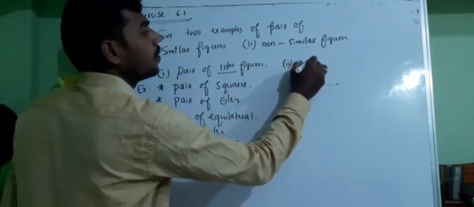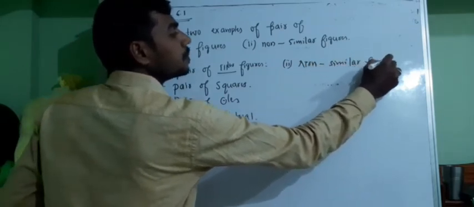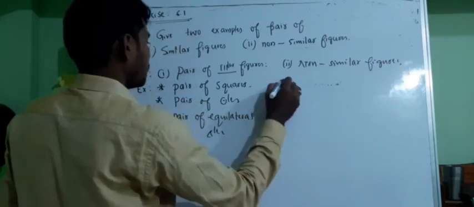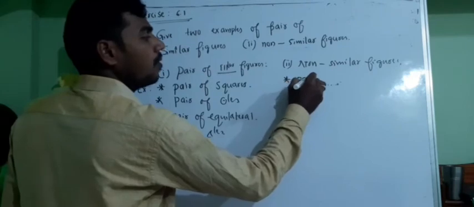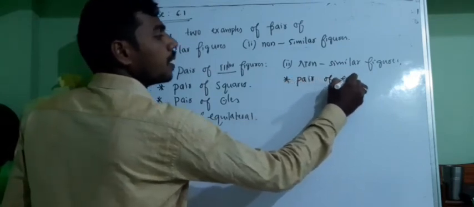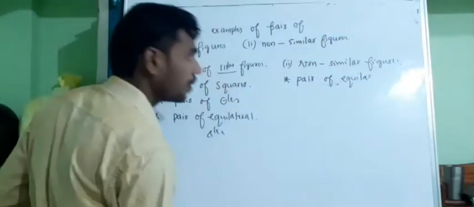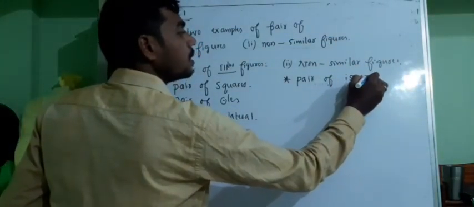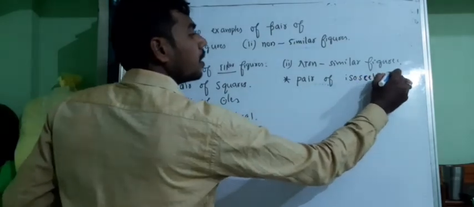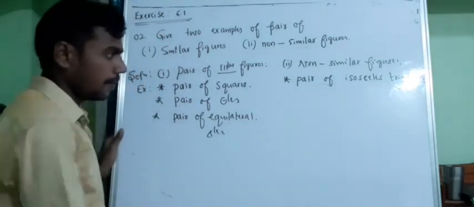So non-similar figures. A pair of equilateral triangle and isosceles triangle. Sorry, a pair of isosceles triangles will not be similar.